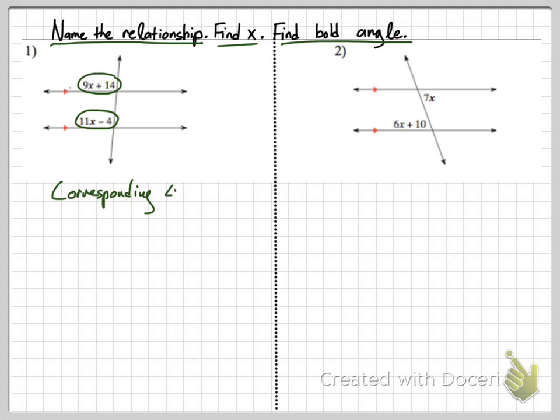And we know that corresponding angles, they are going to be congruent according to our theorem on the previous slide. So now we're going to set those two angles equal to each other. We will have 9x plus 14 equal to 11x minus 4.